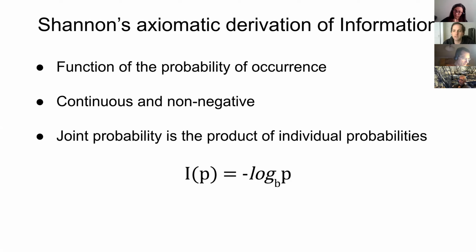And the log is important here because this allows the joint probability to be the product of the individual probabilities. So this was introduced as the only function that satisfies these axioms.